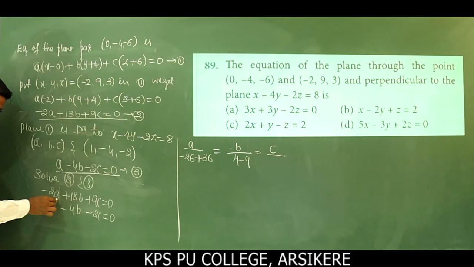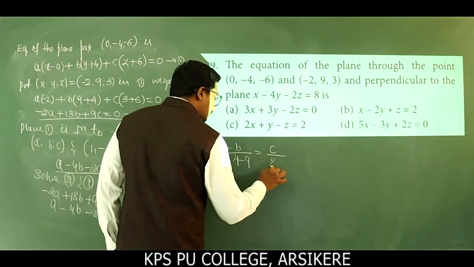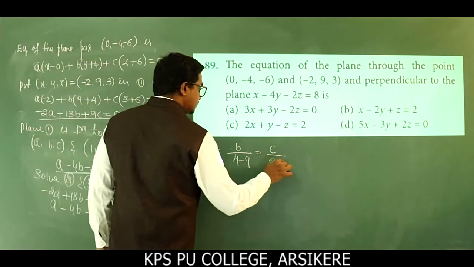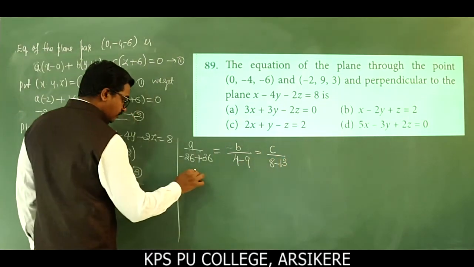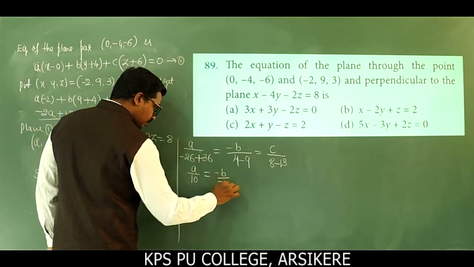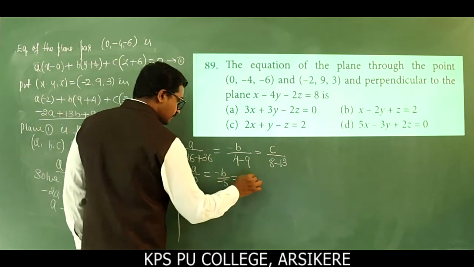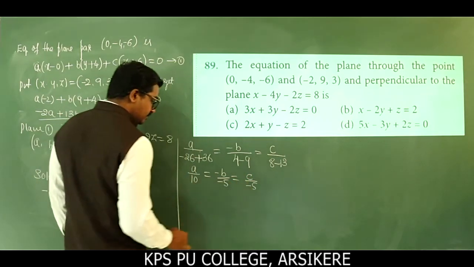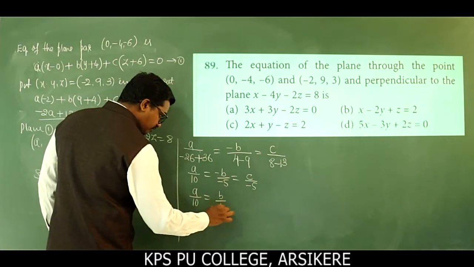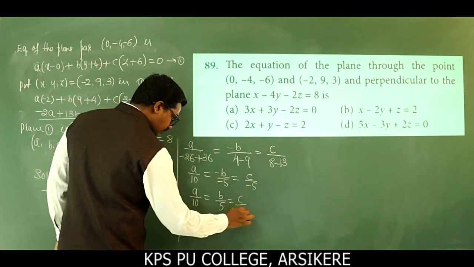Neglecting those values, the remaining values: minus 2 into minus 4 is 8, and 1 into 13 gives minus 13. Therefore a divided by 10 is equal to minus b divided by minus 5, is equal to c divided by minus 5. So a divided by 10 is equal to b divided by 5 is equal to c divided by minus 5.